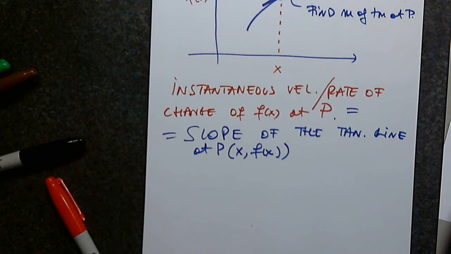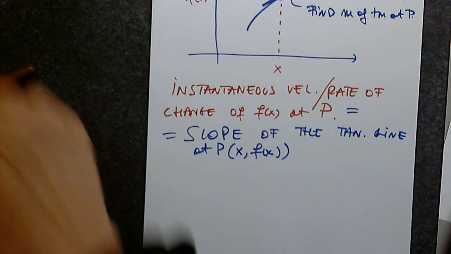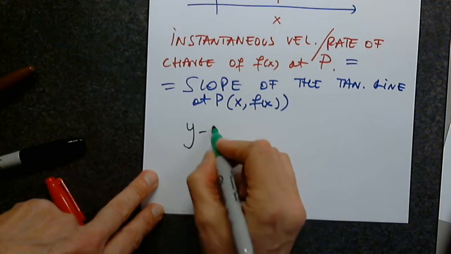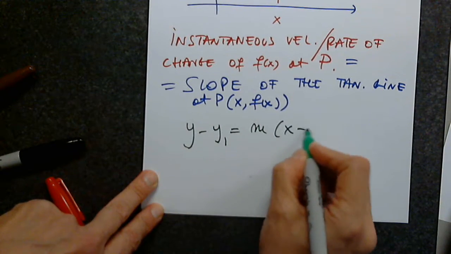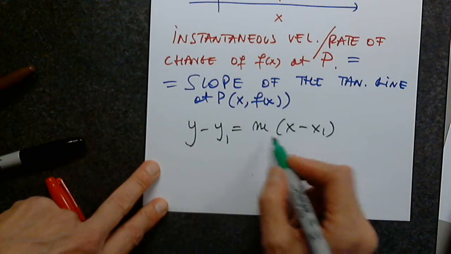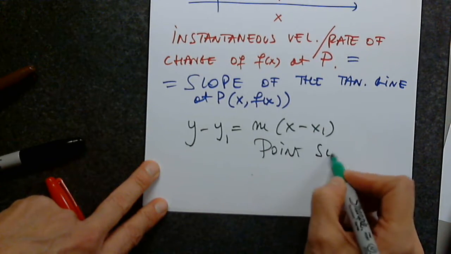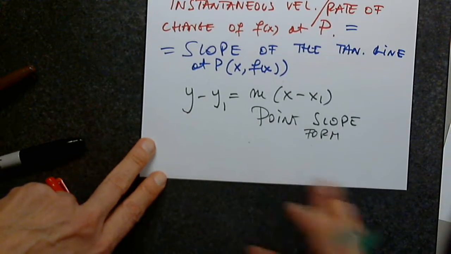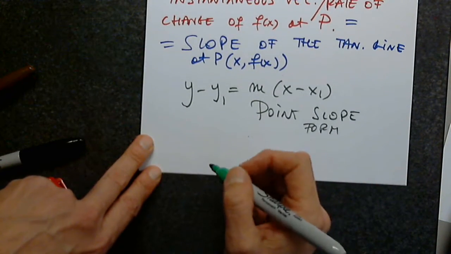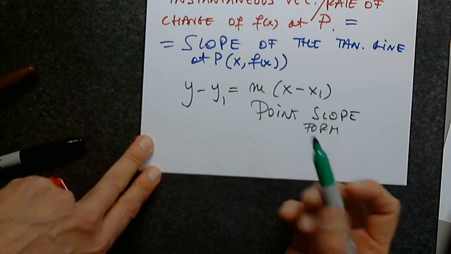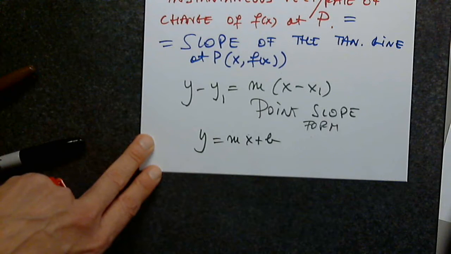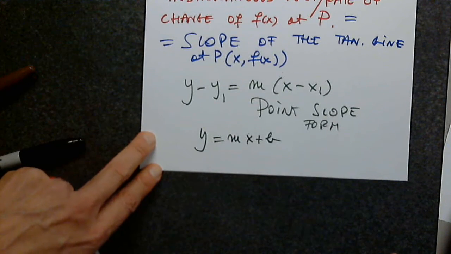How do I find that? I don't have an algebraic formula for this. The only algebraic formulas that I know are y minus y1 equals the slope times x minus x1, the point-slope form, and y equals mx plus b, which also determines the equation of the line.